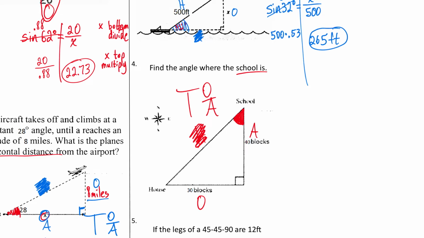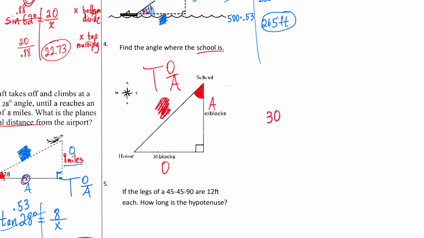And I'm going to set that up like that, opposite over adjacent, so 30 over 40. Now on this one, I'm looking for the angle. So remember, when I'm looking for the angle, that's where I use the little inverse function. So I know I'm using tangent because of that, and because I'm looking for the angle, I use this one that has a little -1.